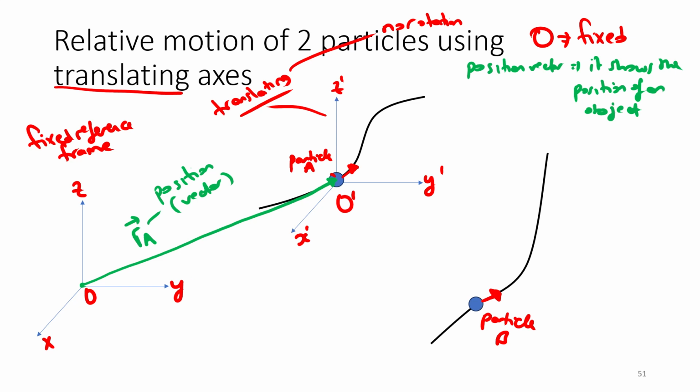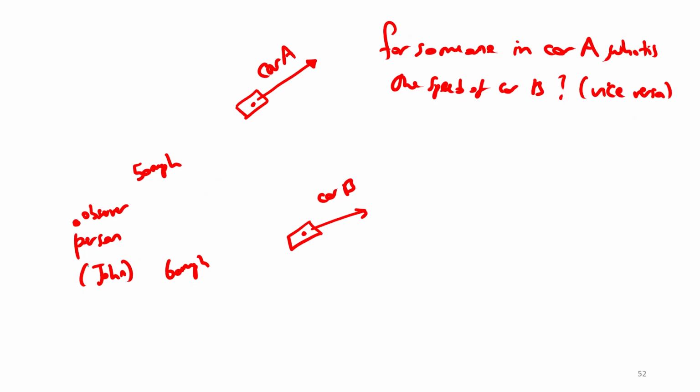And then for an observer in O, the particle B, one more time. So let me start the opposite case. Here, and then here. And this one will be the RB. So what it means is that with respect to John, car A moves 50 mph, car B moves 60 mph.